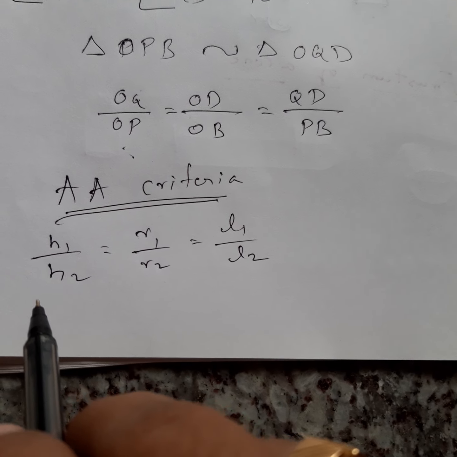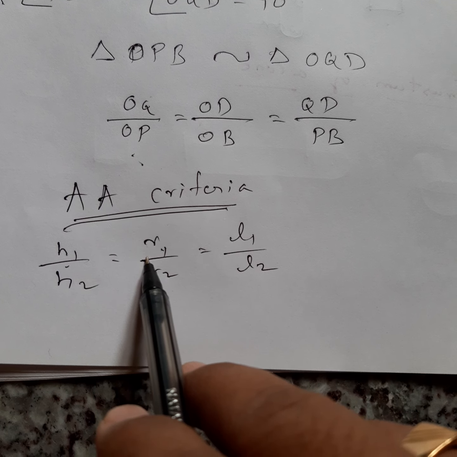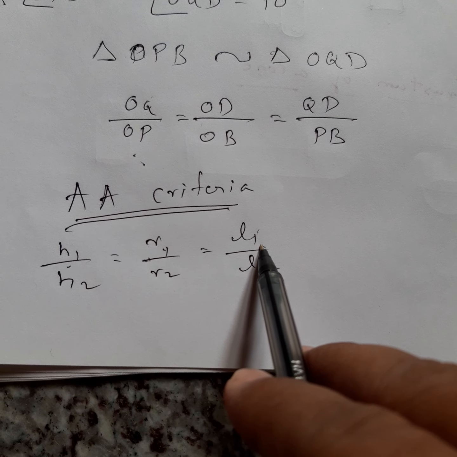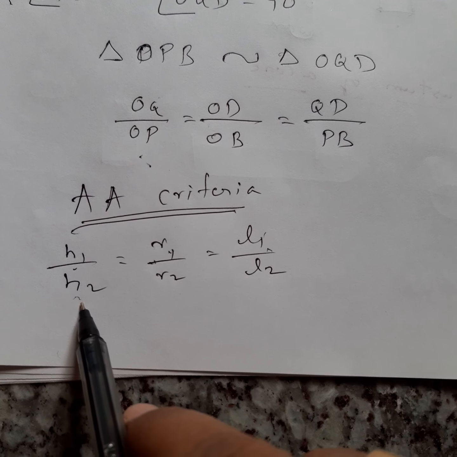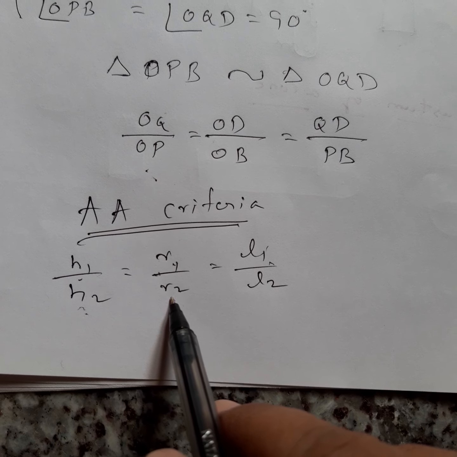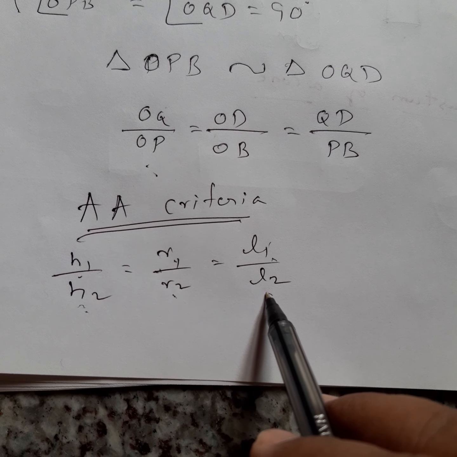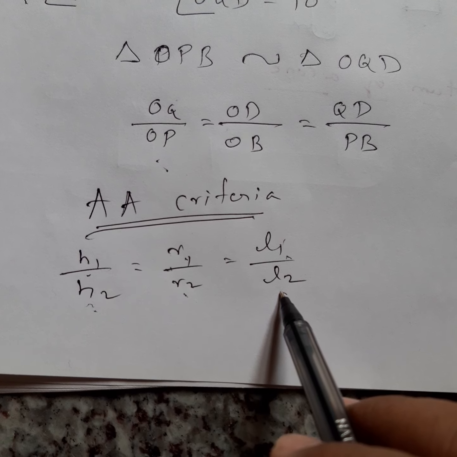If I know the height, the radius and the slant height of the bigger cone, then I can easily find the height, radius and slant height of the smaller cone.